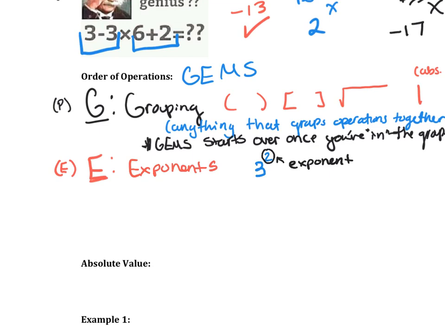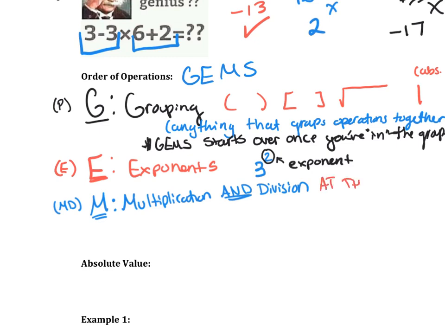Then next in GEMS is the M, which is the M and D in PEMDAS. And again, with GEMS, I keep it as one step because it stands for multiplication and division, but they happen at the same time. You just go left to right. Whichever one comes first, you do first. Multiplication and division at the same time, in all caps because it's important.